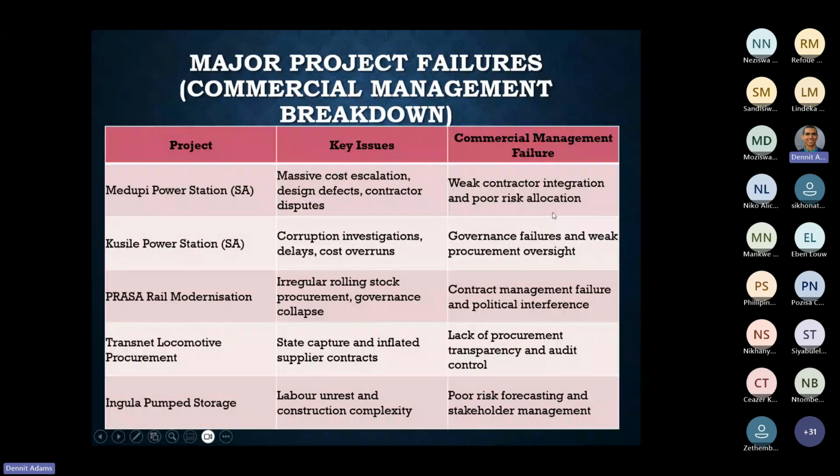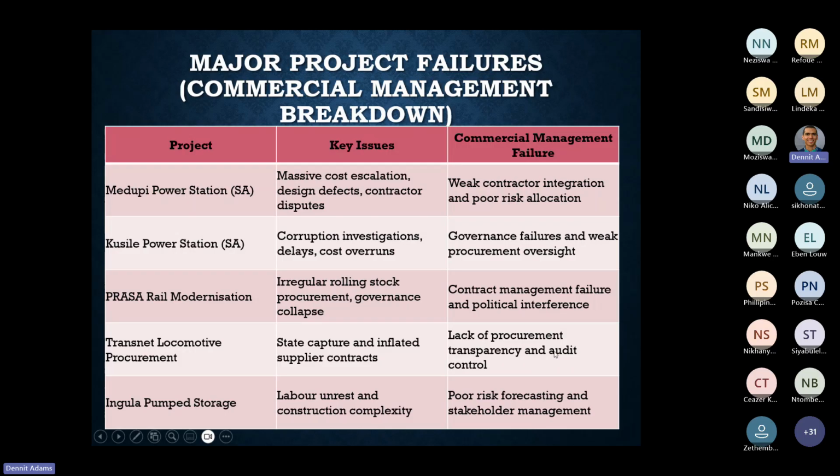Those are the key success or failure factors. Then corruption and governance failure. Where you see corruption, it's usually a governance issue, weak procurement oversight. PRASA, irregular rolling stock procurement, governance collapse, and then contract management failure and political interference.